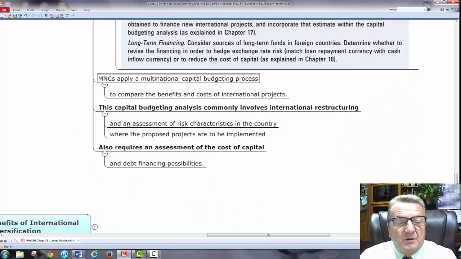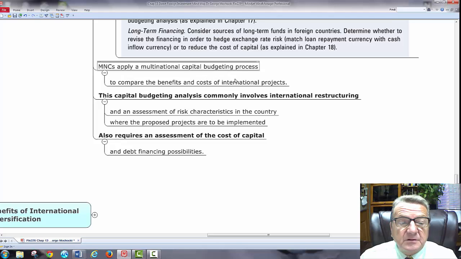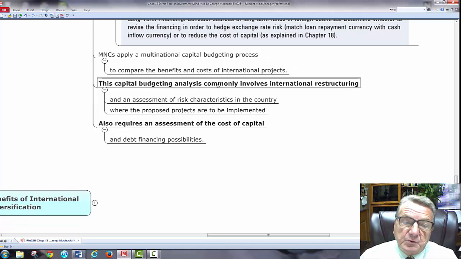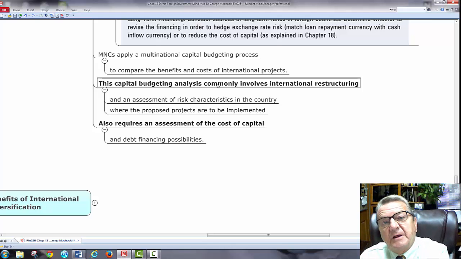They're helping them out. Okay, apply the multinational capital budgeting process to compare benefits and costs of an international project: which one goes, which one doesn't, which one has a higher return, which one has a quicker payback, which one makes more sense for the whole strategy of the MNC. Not the local thing, I have to look at the local, but the local is just part of the MNC.